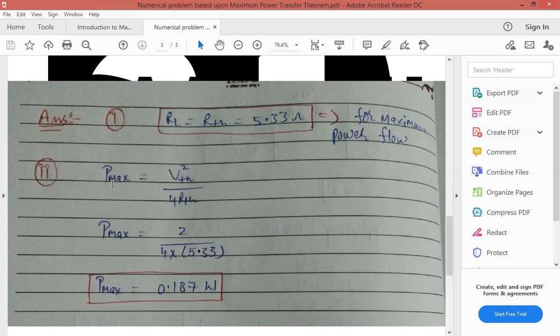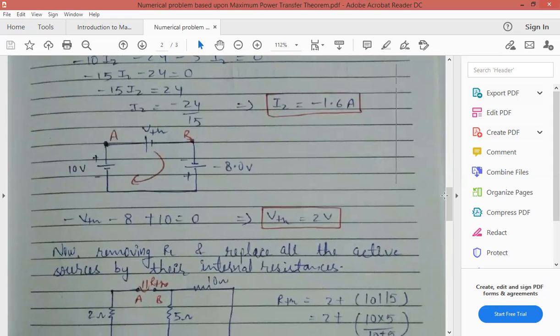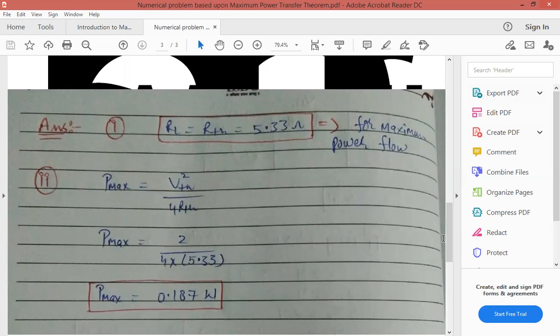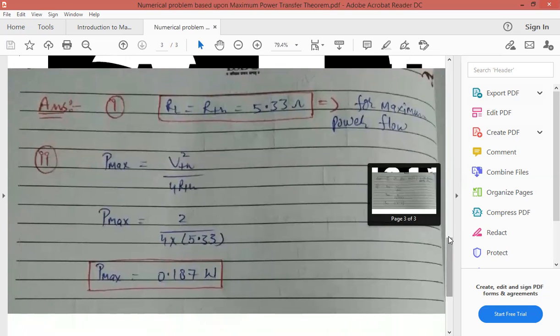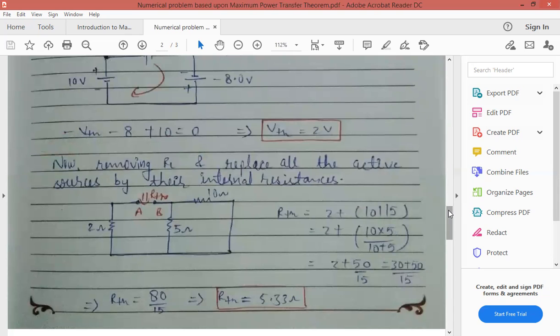The formula is Pmax equals VTH square upon 4 RTH. VTH is 2. So Pmax will be 0.187 watt.